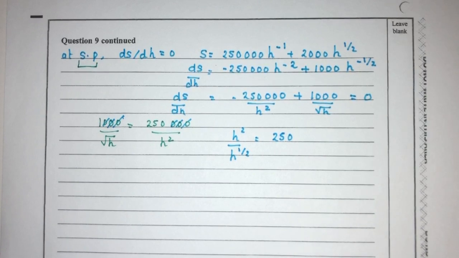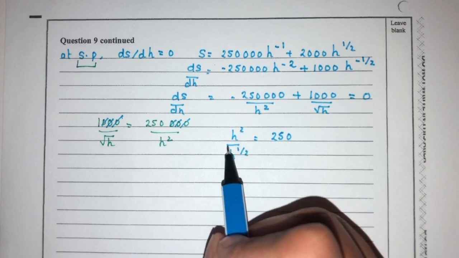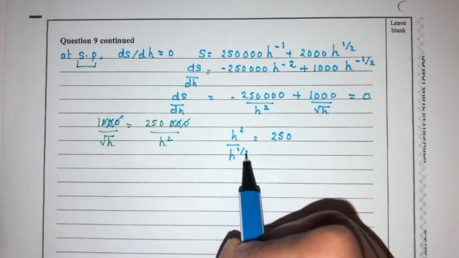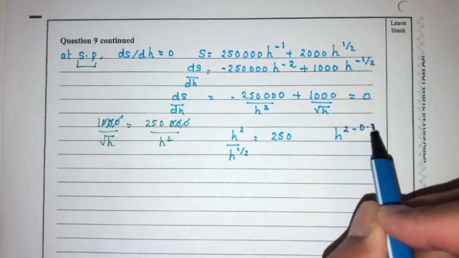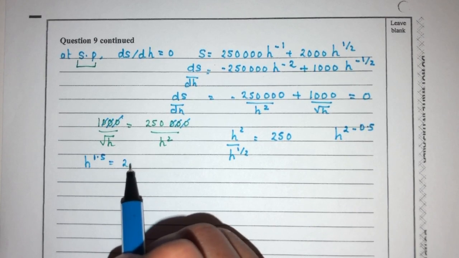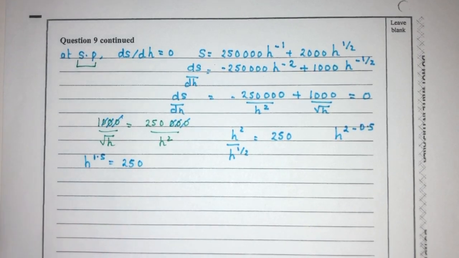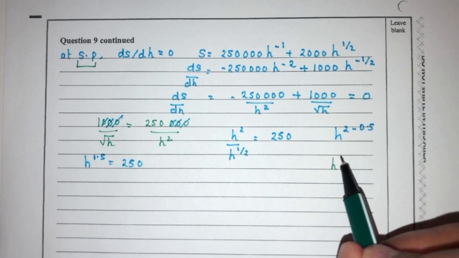Now what else can we do? We can simplify this. So H power 2 divided by H power half, it is the same thing as H power 2 minus 0.5. That will be H power 1.5 is equal to 250. Okay, now 1.5 is 3 over 2. That's right, so 1.5 is 3 over 2.